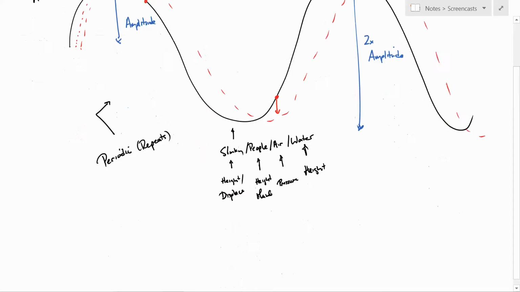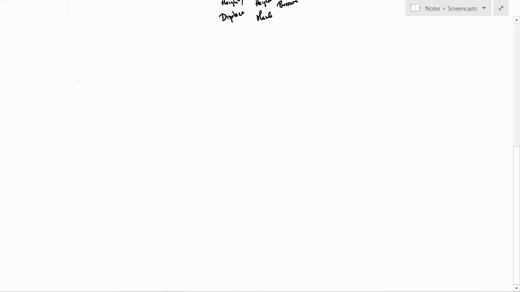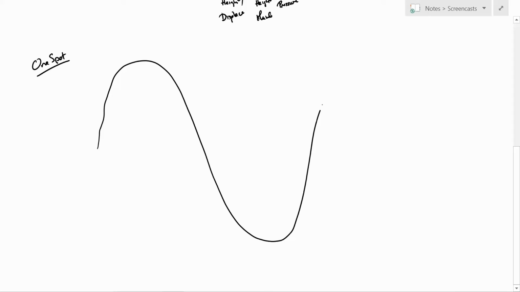So that means that there's another way to think about this. Maybe we want to think about what's going on for one spot. So this is maybe a stadium that's doing the wave and it keeps doing the wave. So your hands go up, your hands go down, your hands go up.